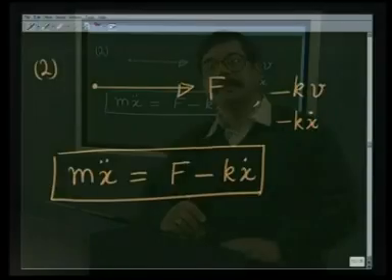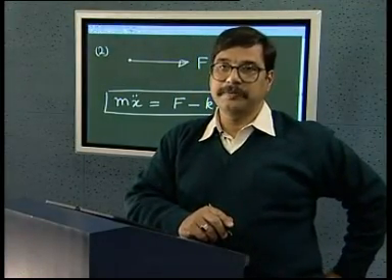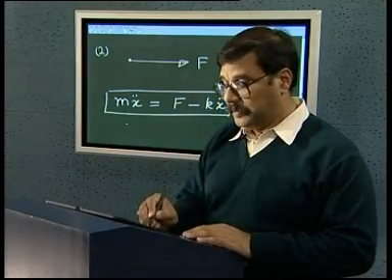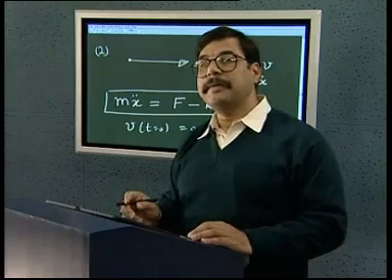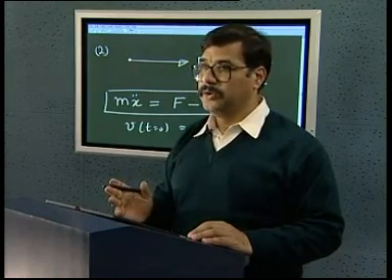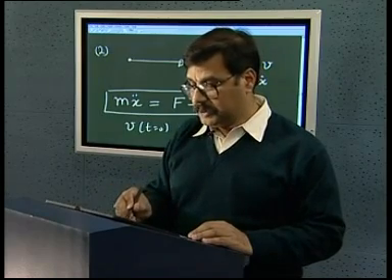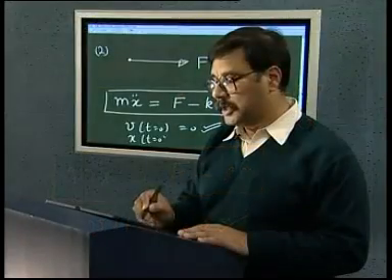In this case, notice that I don't really have to start by shooting the particle with some initial speed. I can start with v at t equal to 0 still 0. Because I am applying a force, the particle will start moving, and this is what I want to see, how the particle moves. So this is going to be one of my initial conditions. The other one is, let us also say that x(t equal to 0) is 0, it starts from the origin.